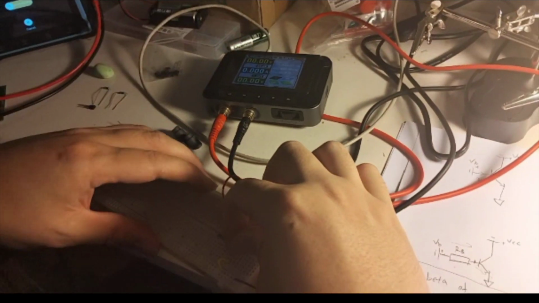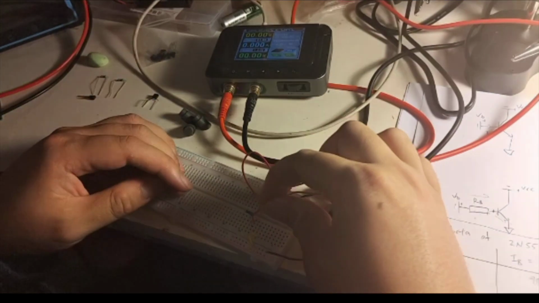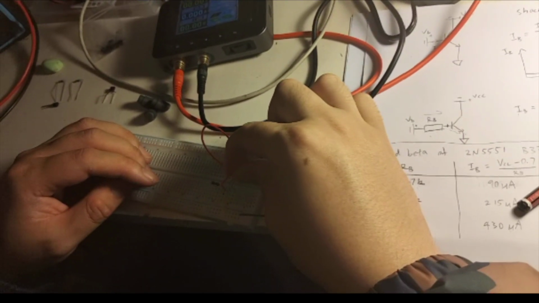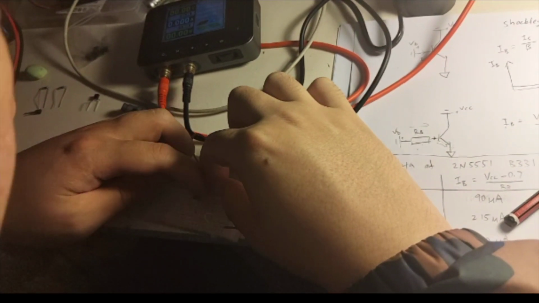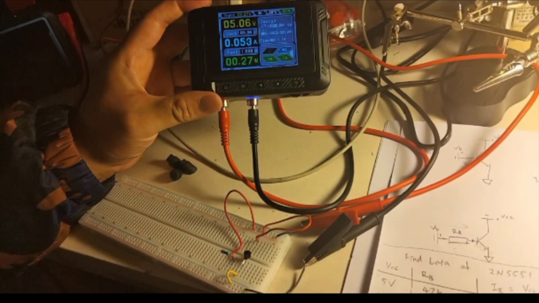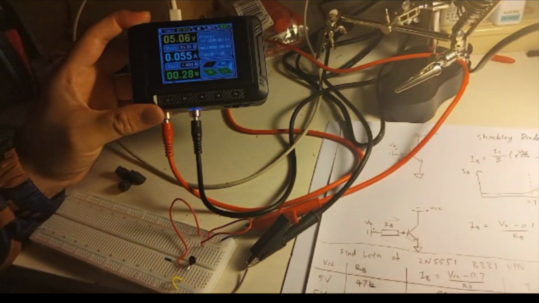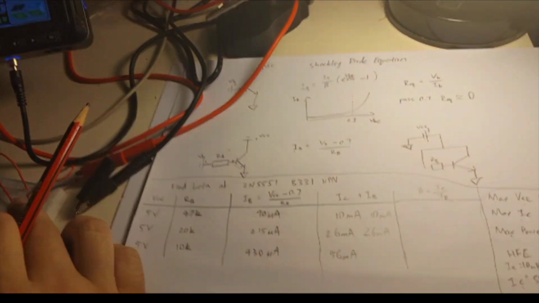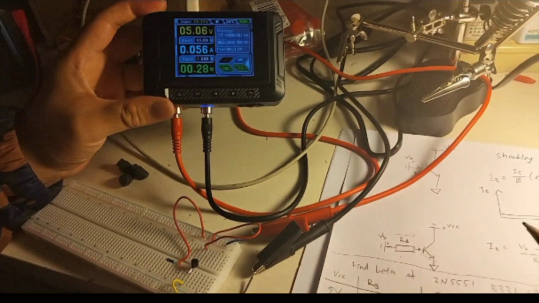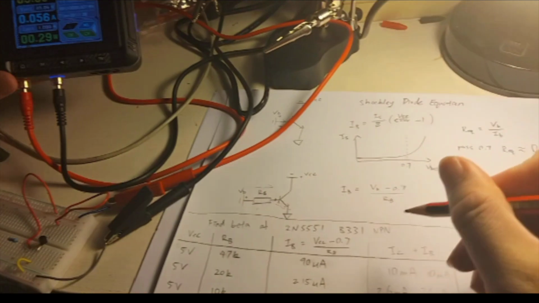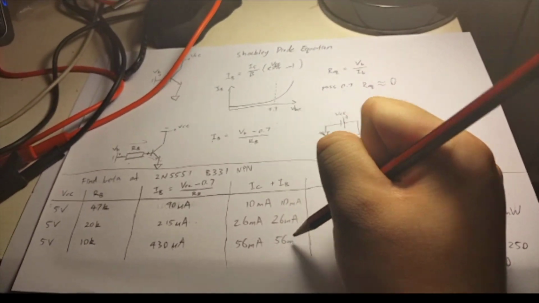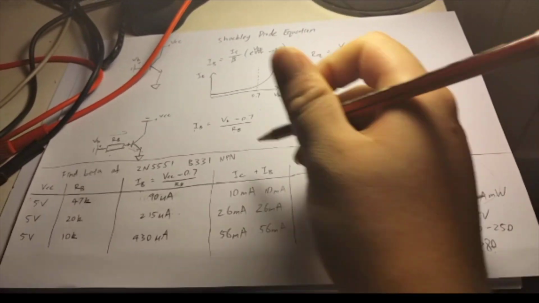Let's test it on the other transistor. And 54, 55. The gain actually changes when the transistor heats up a little bit, but as you can see, it's sort of hovering around 54 to 56. So we'll just make that the same, 56 milliamps.